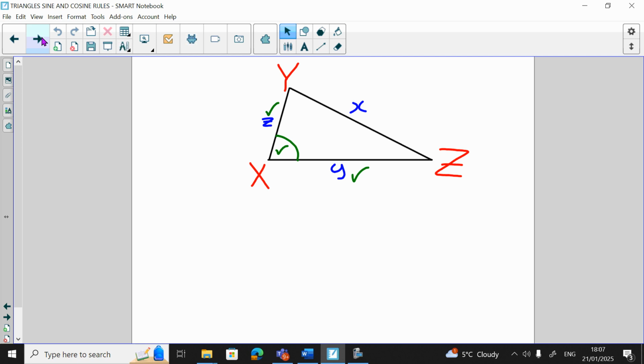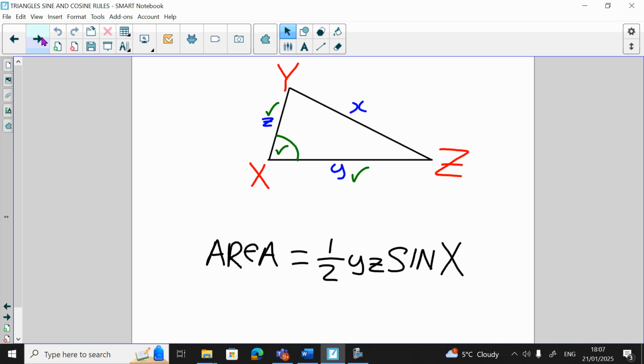Okay, thirdly, I've got z and y, or y and z for my two lengths. So it's going to be half times z times y, or y times z, times the sine of the big X, because that's the angle.